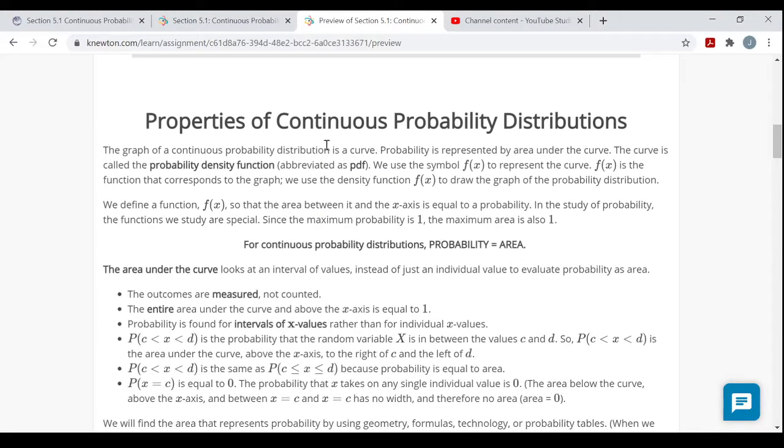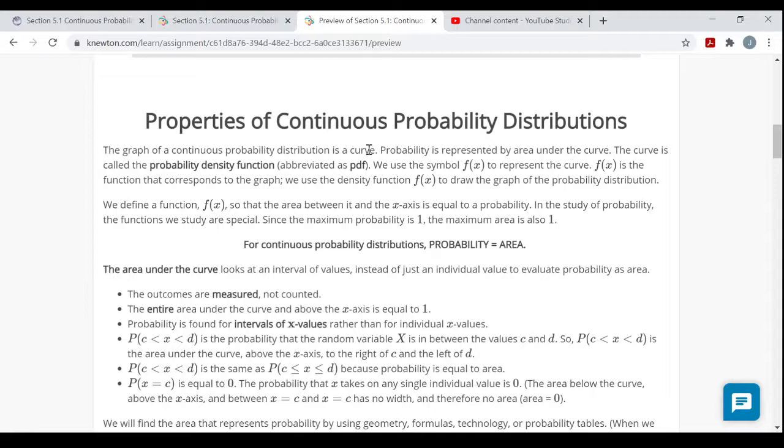All right, so some properties of continuous probability distributions. The graph of a continuous probability distribution is a curve. All right, if you remember from chapter 4, the graph of a discrete probability distribution was just a histogram, right?